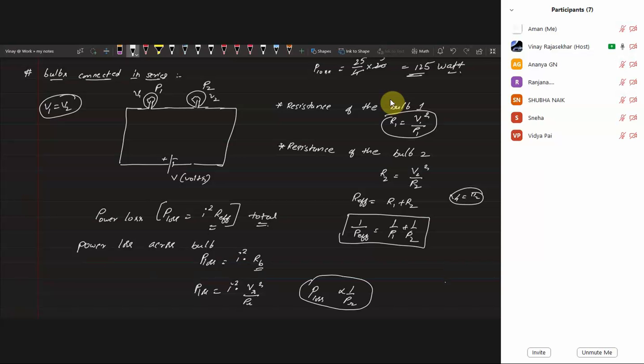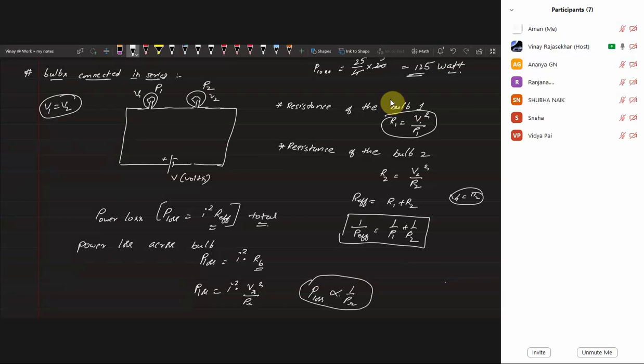Clear? If rated power is more, then power loss will be less. In the previous concept, I told you that if power loss is less, then brightness of the bulb is also less.